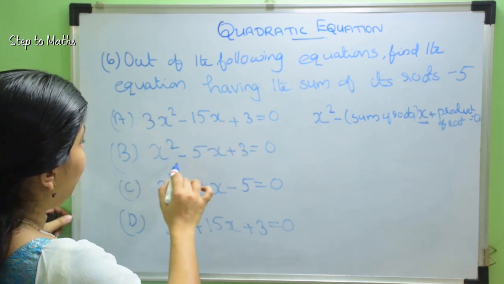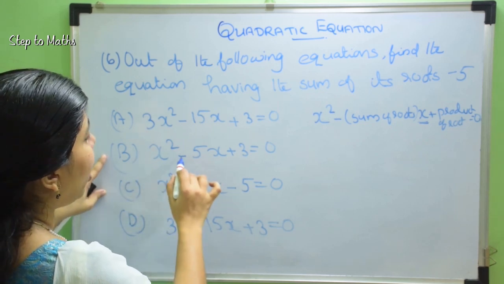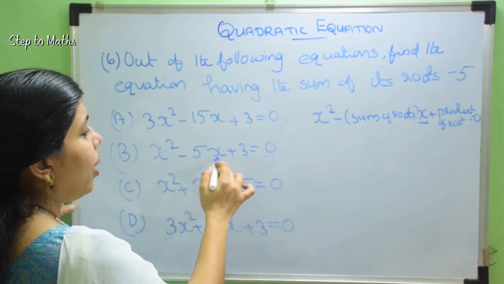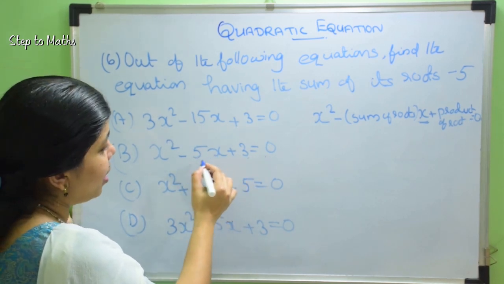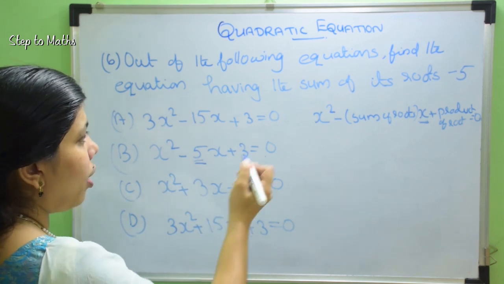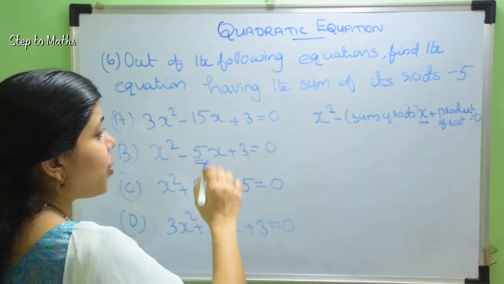the equation in option B, x square minus 5x plus 3 is equal to 0. Here the coefficient of x is minus 5. But the sum of its roots is minus 5.